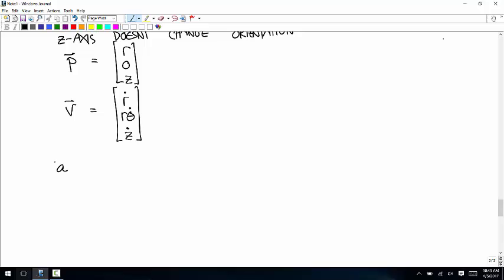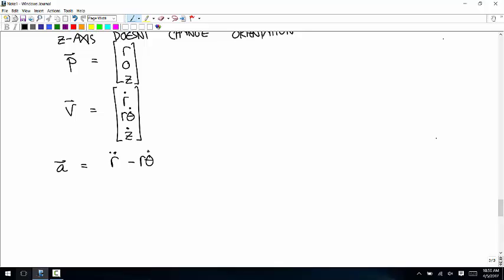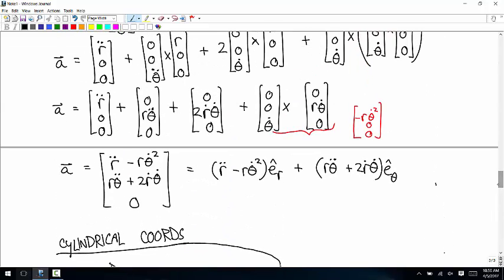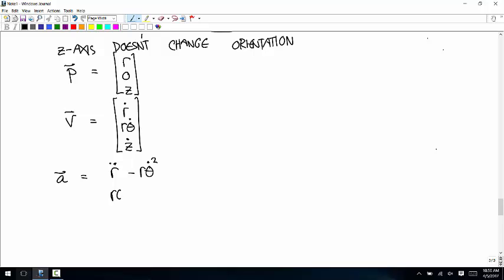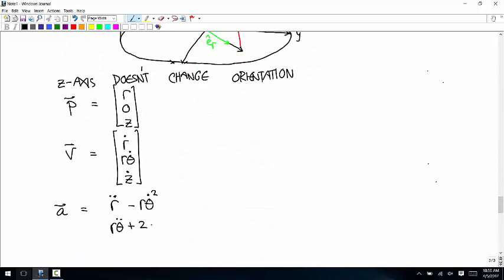And then the acceleration is r double dot minus r theta dot squared in the e_r component, and then r theta double dot plus 2 r dot theta dot for the e_theta component, and then z double dot.